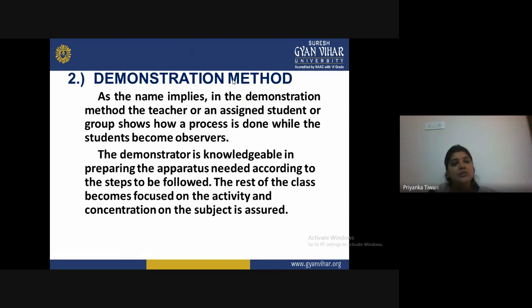The demonstrator is knowledgeable in preparing the approach needed according to the steps to be followed. The rest of the class becomes focused on the activity and concentration on the subject is assured.